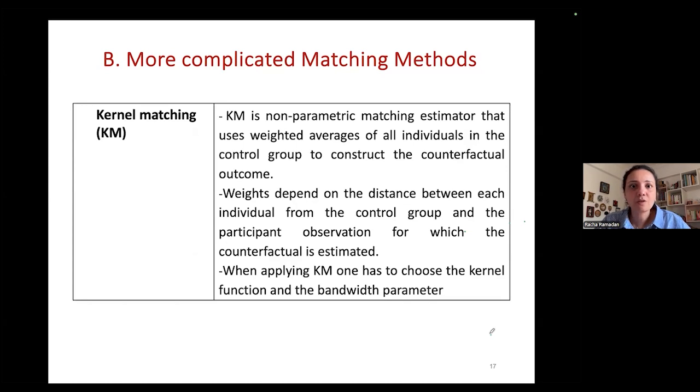Again, there are different values. We will see we have given values of the bandwidth parameter and the specific function embedded in the STATA command, but again, we can change this. So we see that not only the matching method you choose can affect your results, but also, within a method like the kernel one, the choice of the bandwidth parameter or of the kernel function can also affect your results.